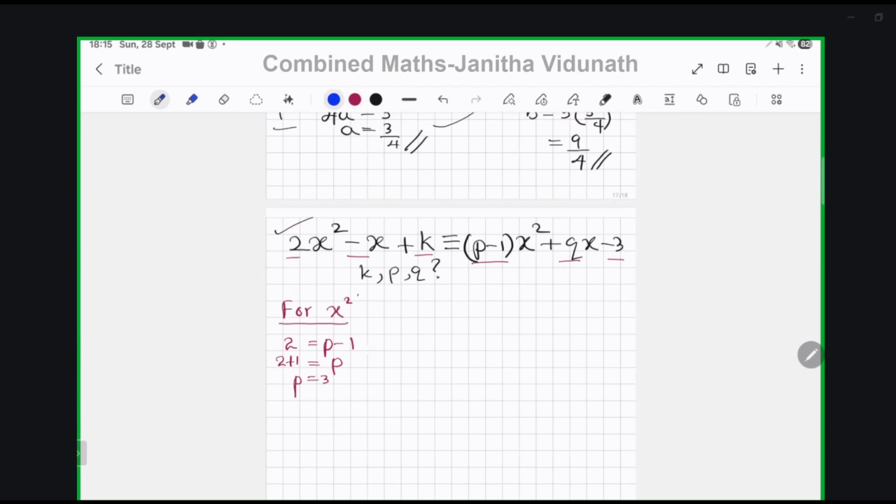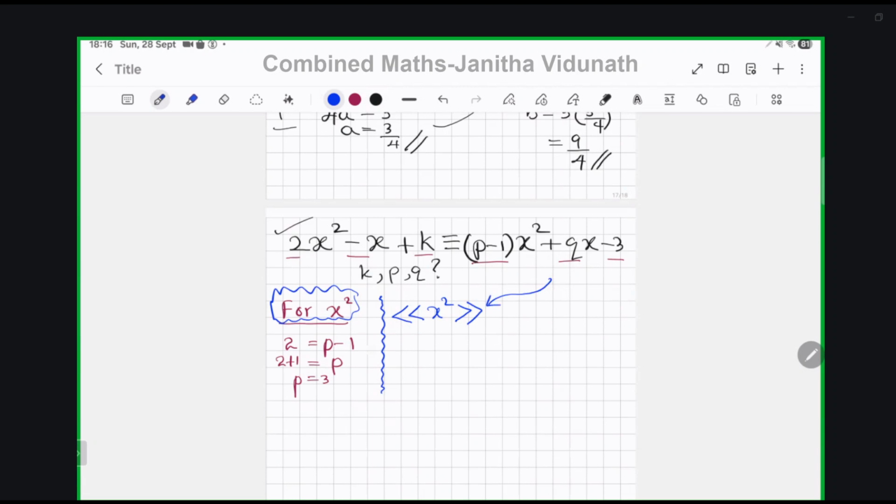We can also use x square with the identical sign. This is the symbol for finding the corresponding coefficient.